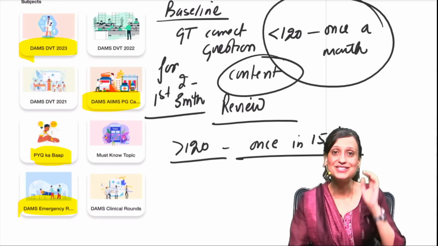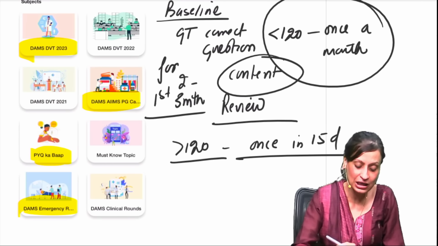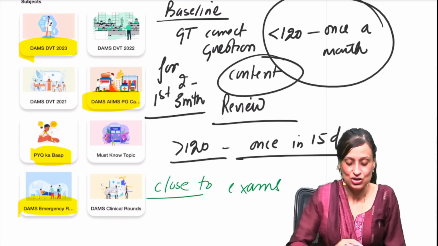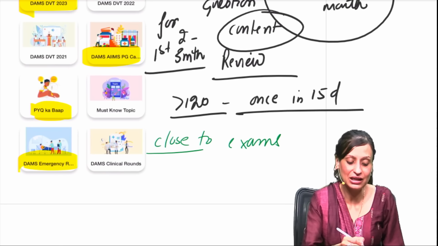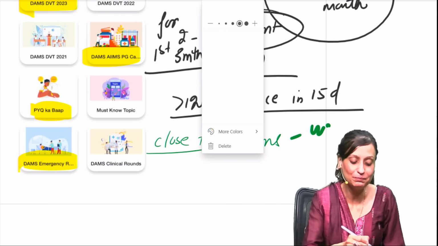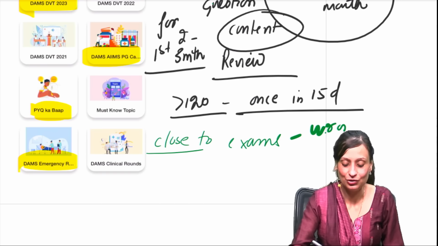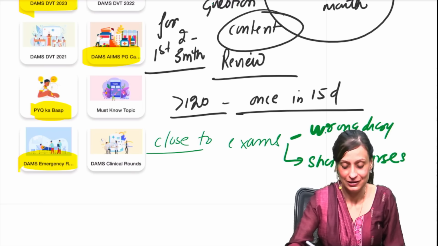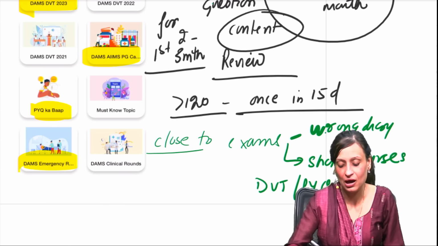Also, apart from this, close to the exam, you will again be using your wrong diary. So close to the exams, what will be our resources? Our resources will be our wrong diary. Okay. Our resource is going to be the short courses like DVT, like PYQ ka baap, okay, and AIIMS capsule, right?